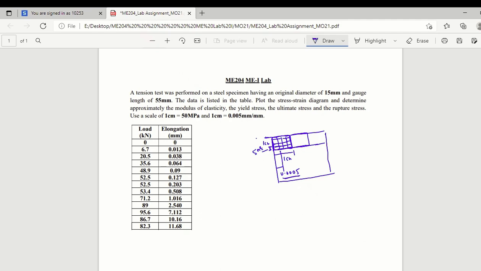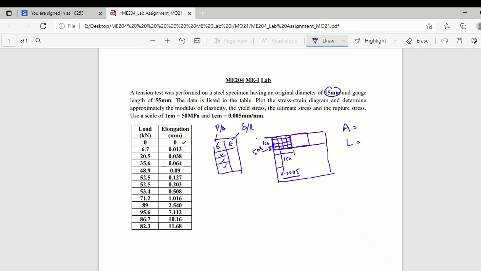Like that, first of all you have to make a table, where the diameter is given so that you can find the area, and the length is given. Sigma equals load by area, so you can find the corresponding stress value for different loads. Similarly, strain equals delta by original length.